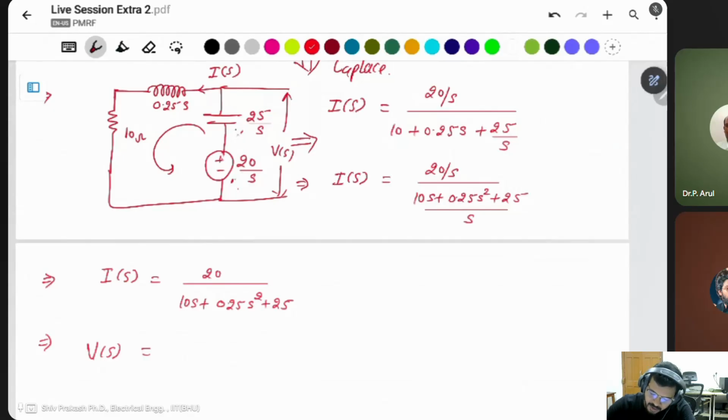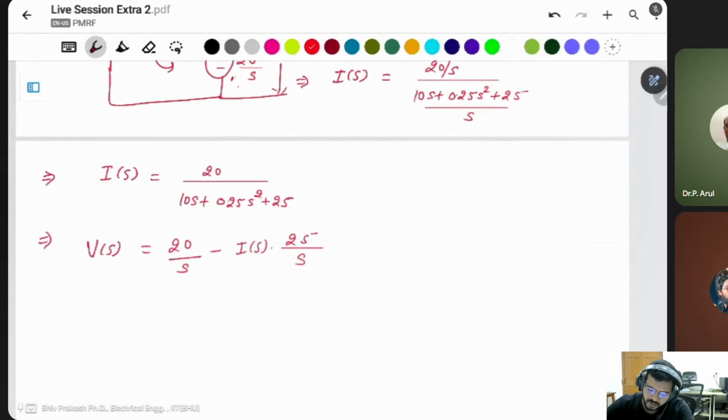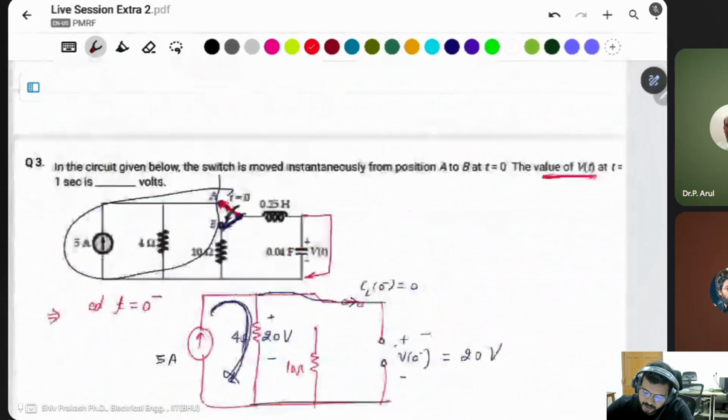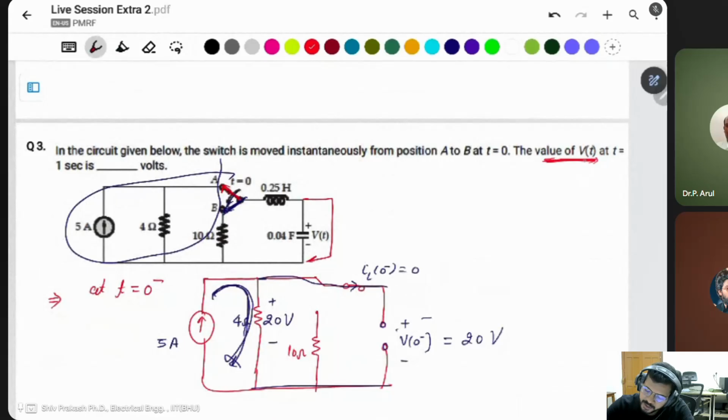Total VS is the voltage across the capacitor and this one. This minus this: the voltage 20 divided by S minus the voltage drop of this one, IS into 25 divided by S. Okay, this is the voltage. The question asks for the capacitor voltage Vt at t equal to 1 second.